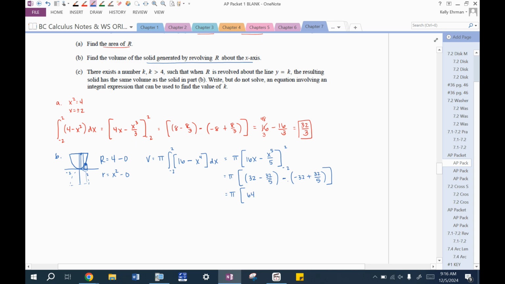Negative 32 over 5 minus another 32 over 5 is minus 64 over 5. Now, 5 times 64 minus 64 leaves me with 4 times 64 over 5, if I just do the like times 5 over 5 thing. And what is that? That is 256 pi over 5.